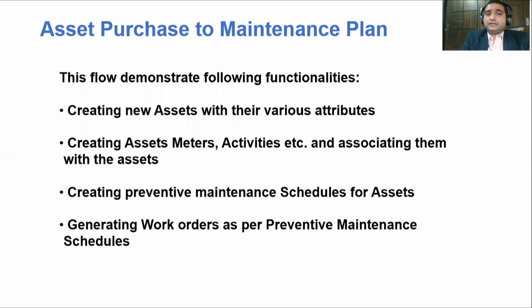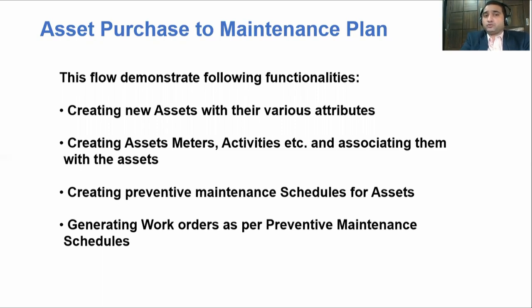Then creating their asset meters. If there are some assets that need to be metered or monitored, in that case they will have some meters. Then they will have some activities associated with those assets, like lubricating, cleaning, or oiling.